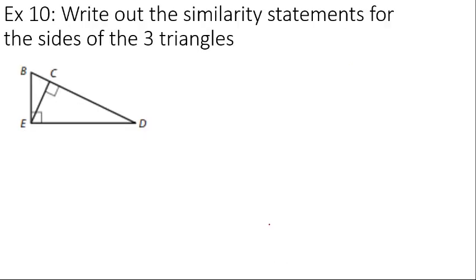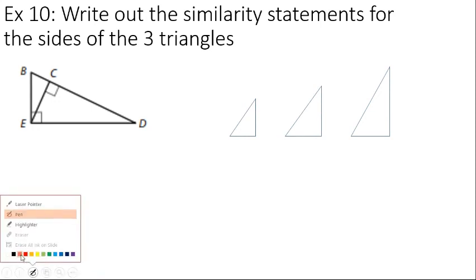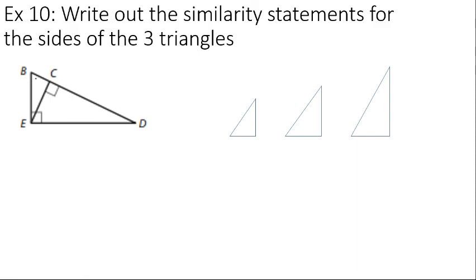Okay, now number 10 says write out the similarity statements for the sides of the three triangles. So right here, these are three triangles. So I start off with the smallest one. This one right here, there's a 90. So I'll put the 90 right here. So I have C, B, and an E up here.